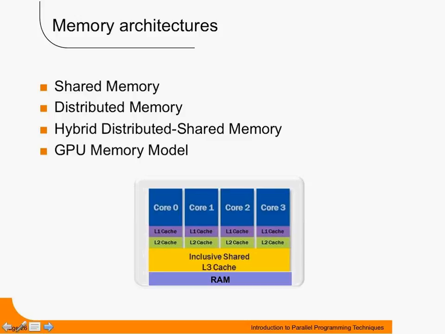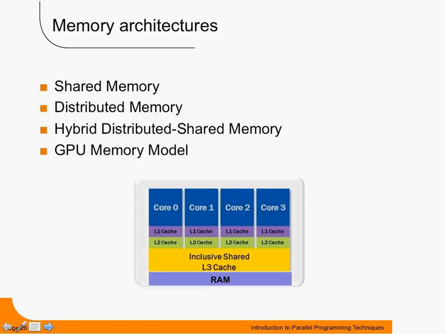Here in the figure, you may have 4 cores. Generally, each core has its own L1 and L2 cache, and you cannot access another core's L1 and L2. Then there is the main memory that we call RAM.